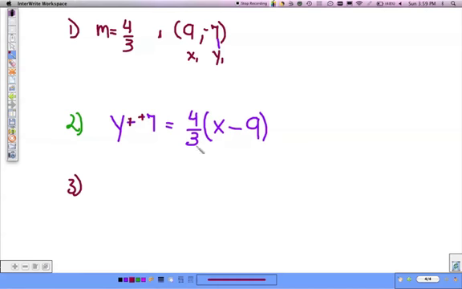So all we're going to do is just clean this up by using the distributive property, and then eventually we're going to get that 7 away from the y. So let's see what we get. We have y plus 7 is equal to 4/3 distributed into this set of parentheses. 4/3 times x is just 4/3 x, minus 4/3 times 9.